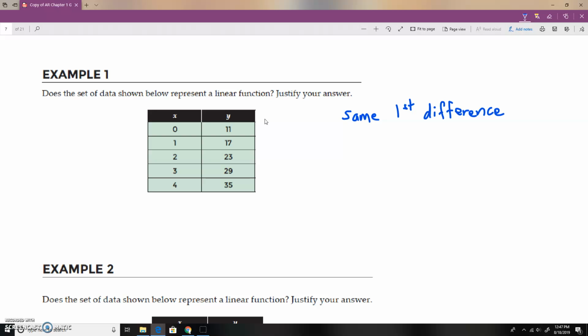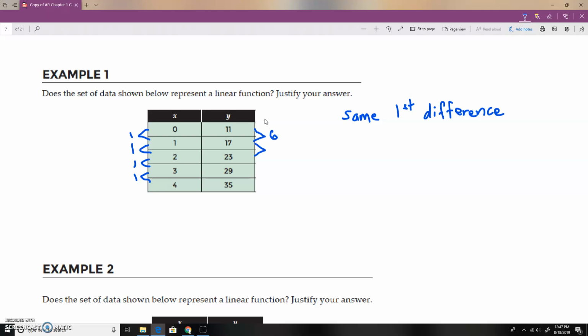Meaning if we subtract our values here for y, and we have a step of 1 each time here, that we get the same value every time. So if we look at our first step here, 11 to 17, how much did we go up by? 17 minus 11 is 6.